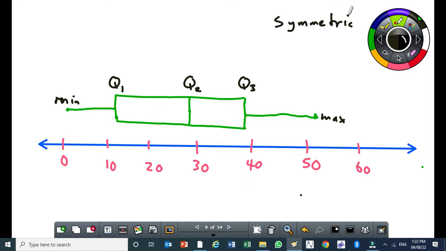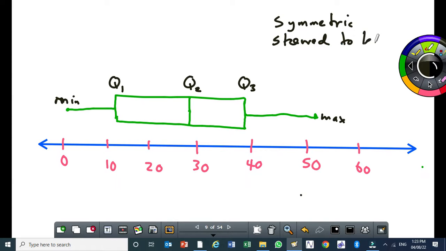Right? So a box and whisker diagram is used to determine the distribution of the data set, whether the data set is symmetric or it is skewed to the left, or it is skewed to the right. Now, our point of reference is always the mean. The mean is the one which is our point of reference when we are talking about the symmetry of the data set.